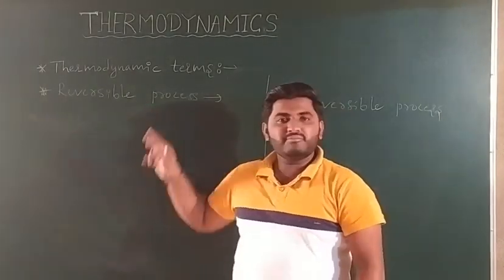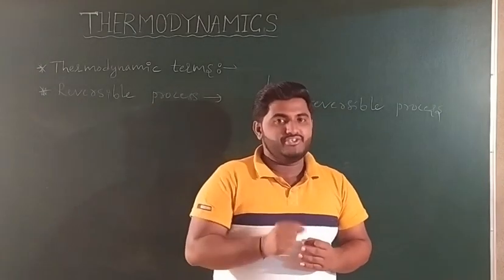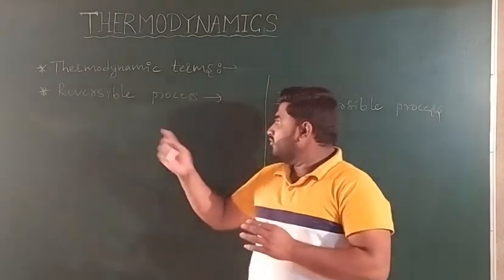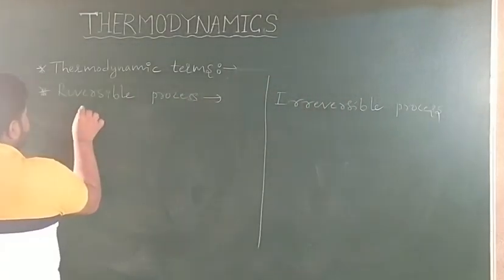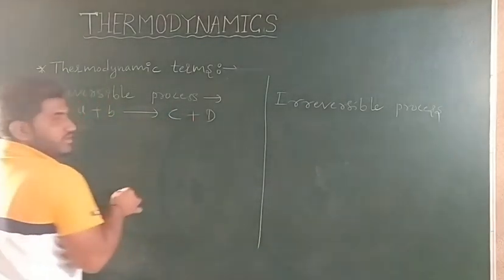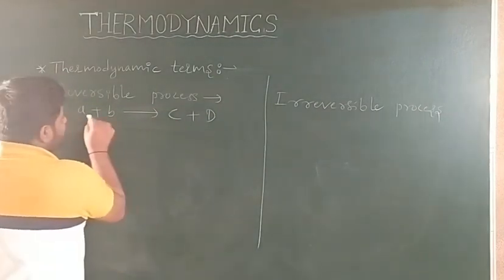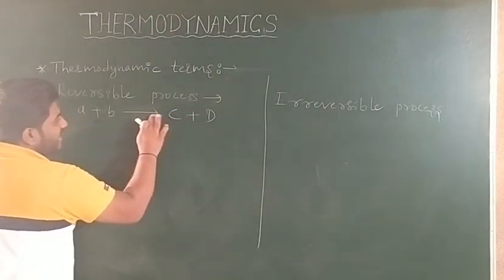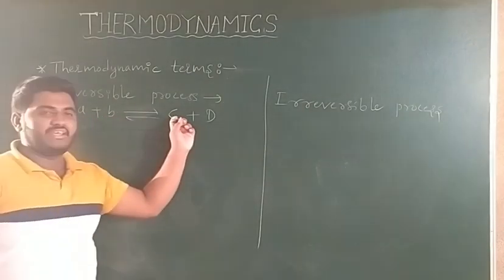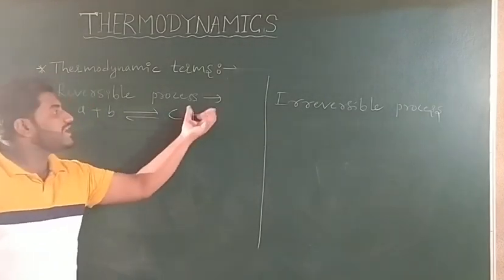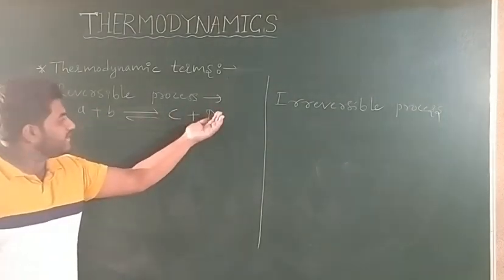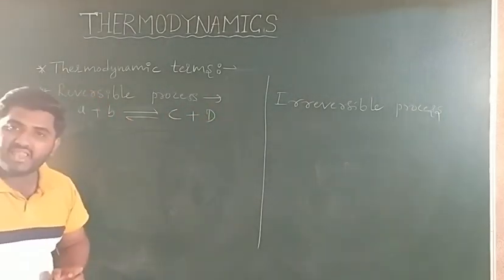Whatever reactants A plus B you have, you get, let us say, C plus D. In the same way, the products C plus D can combine to give back A plus B. Forward motion here, backward here. That is called reversible. Understood?